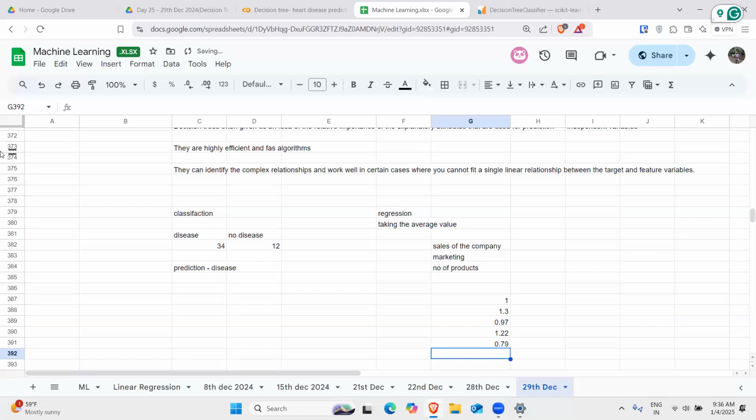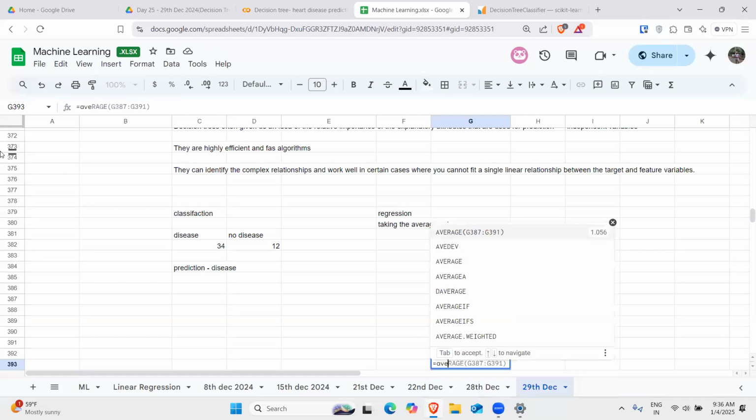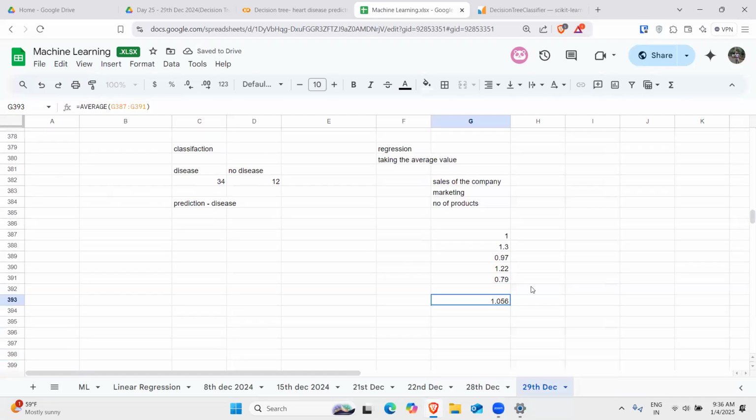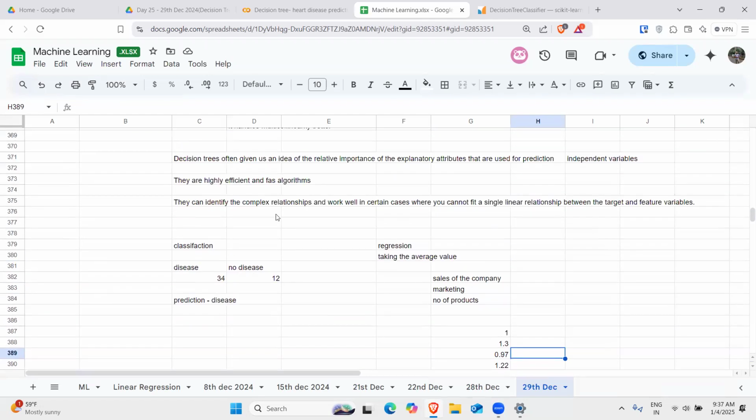Now you will just take the average of these five values, which comes out to be 1.05, and that becomes your final prediction. So you take the average, and decision tree classification is what you will most commonly work on.